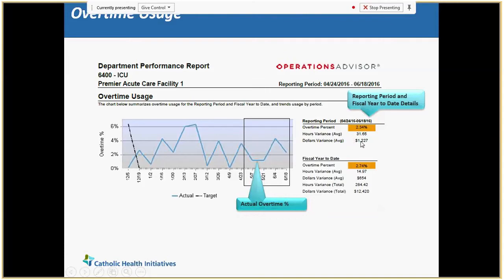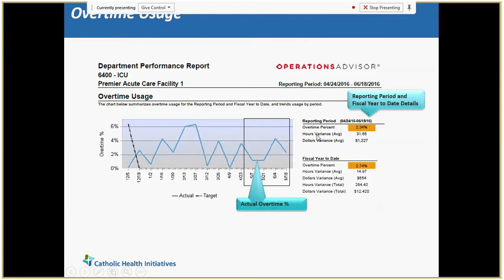If you're above the 2%, then it's going to show what your variance is to being above 2%. If you are beating the 2% target, you're below that, then you'll see a value here as well, but it will be a negative number.